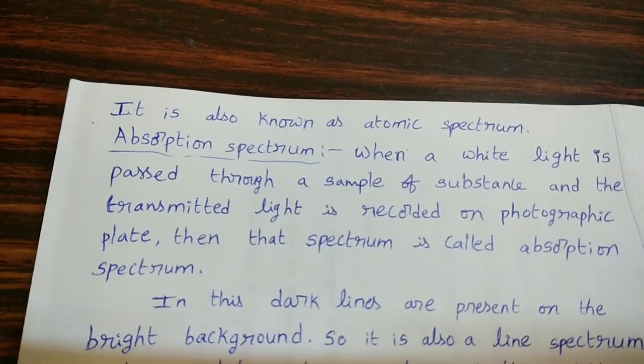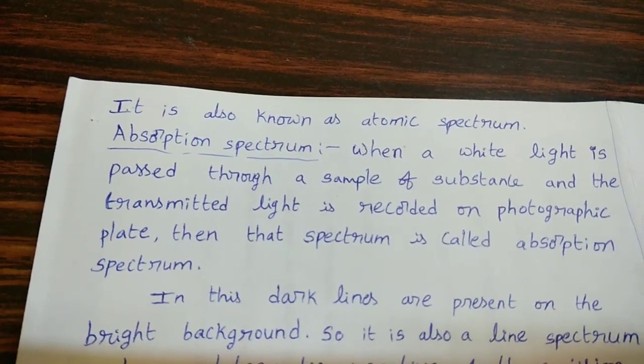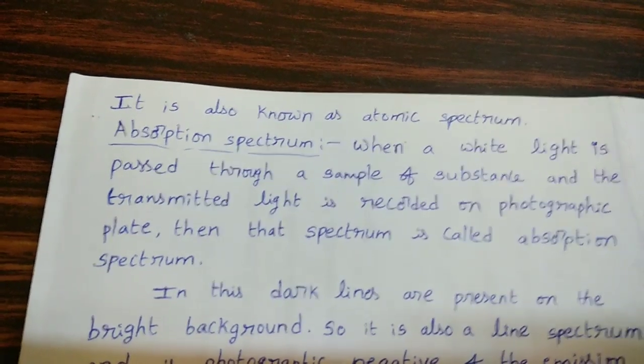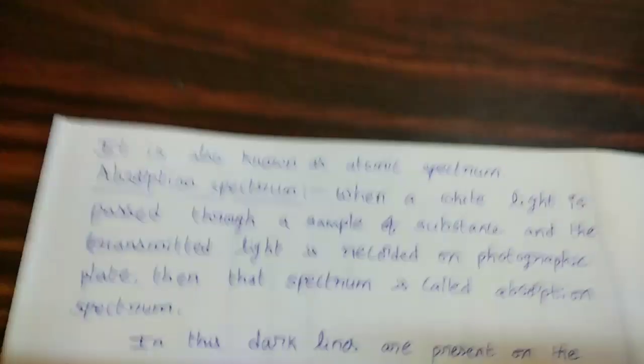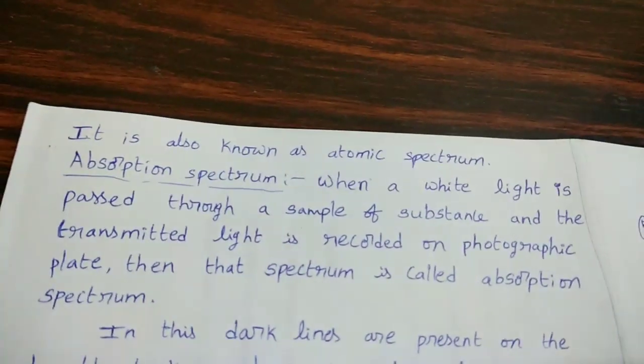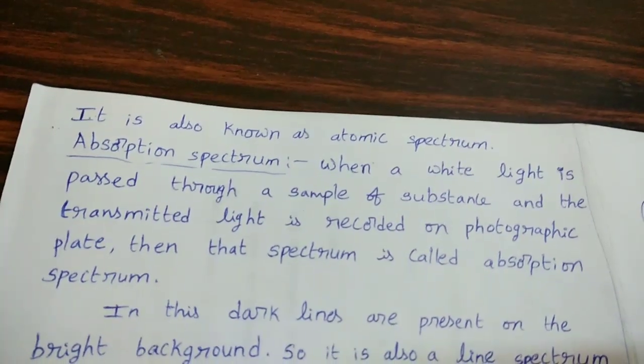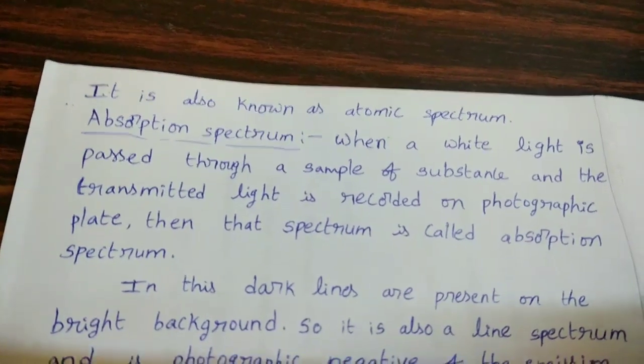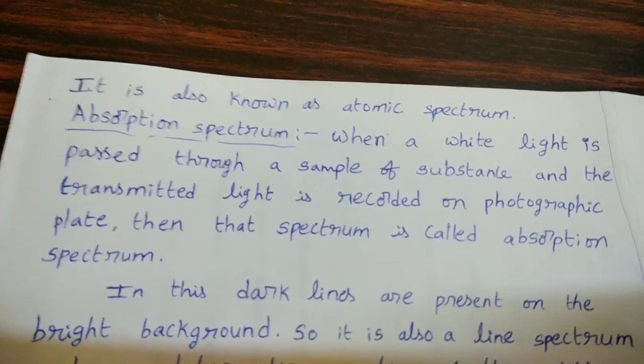When light rays fall on the surface of the particular substance, then atoms absorb that energy and go to the excited state. In that atoms, electrons go to the excited state and come back to the ground state. So atoms exhibit this emission spectrum. That's why it is also called atomic spectrum.